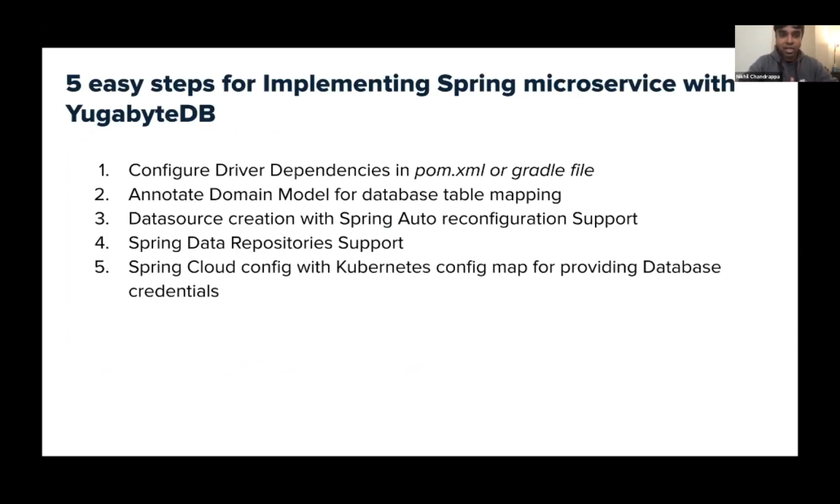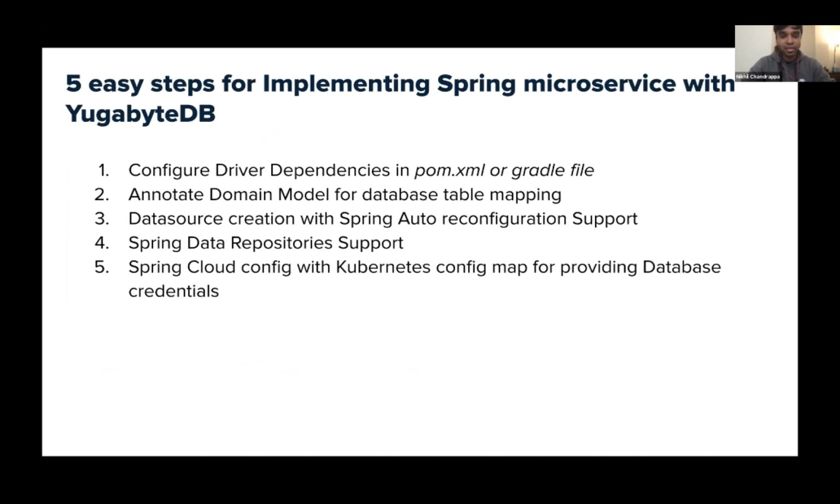In order to implement a Spring microservice with Yugabyte, we need just five simple steps. I'll walk you through the code, how we have implemented both APIs, the YSQL API and the YCQL API.